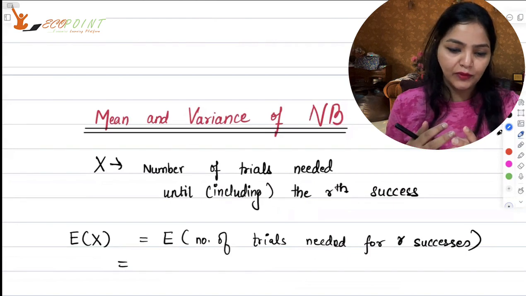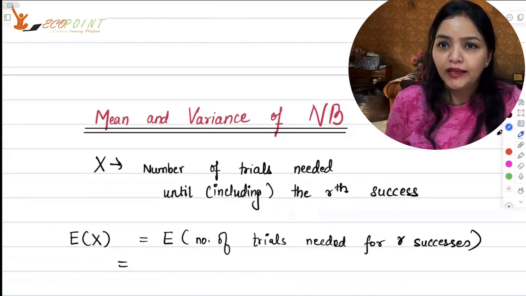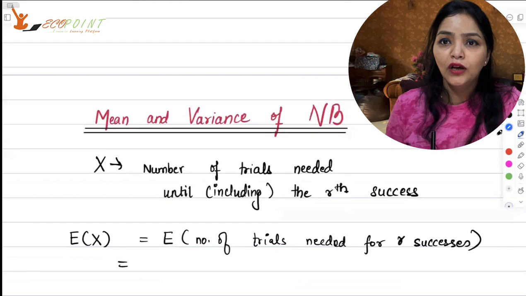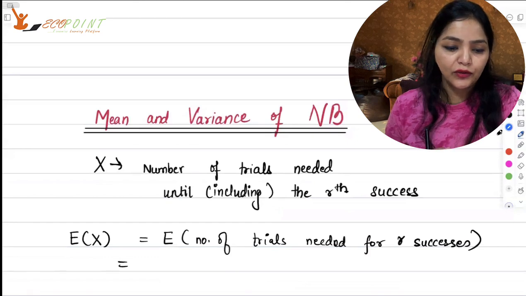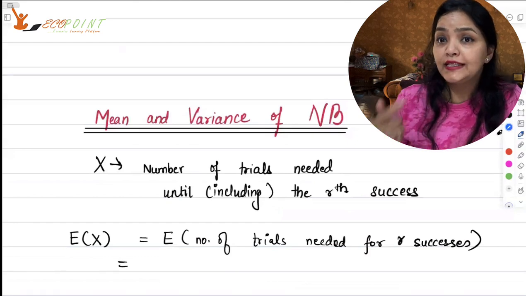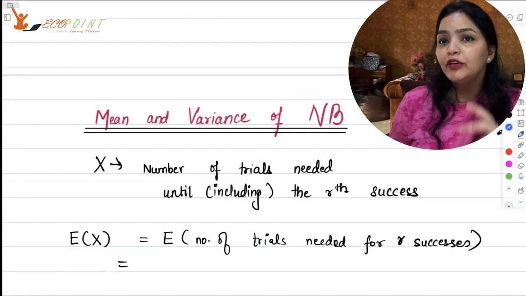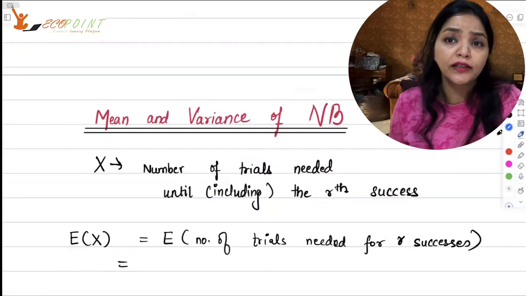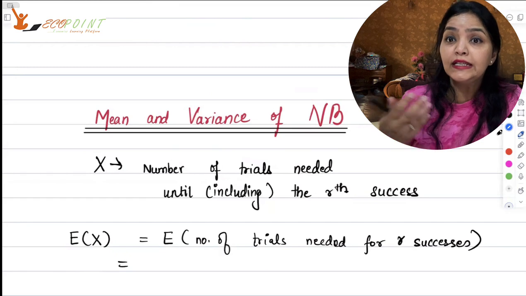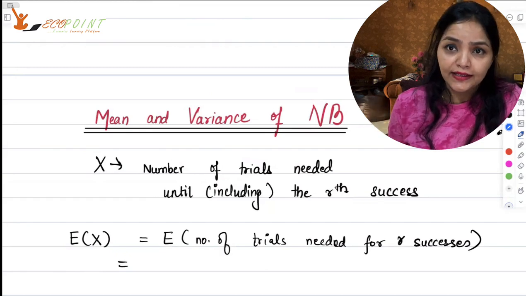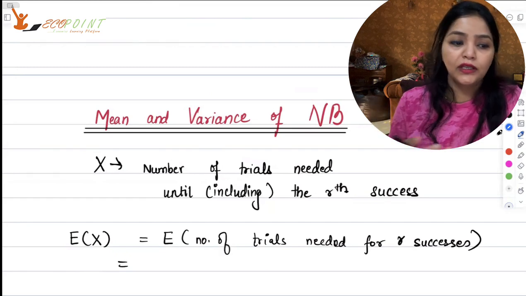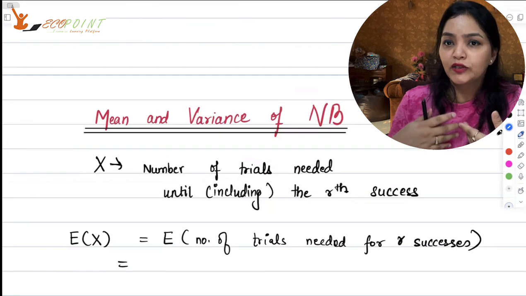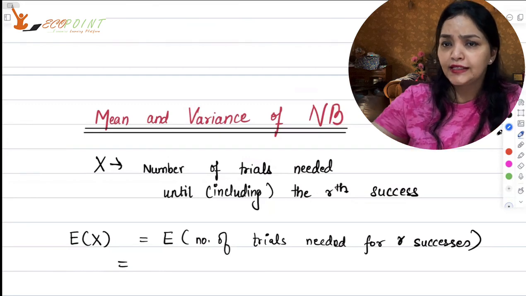So for example, if you are playing a board game and you have a dice and you are gambling that you can only start the game if you get 3 sixes. What is the number of trials that you require in order to get 3 sixes to start the game? It could be, if you're very lucky, you might just get 3 sixes in a row.